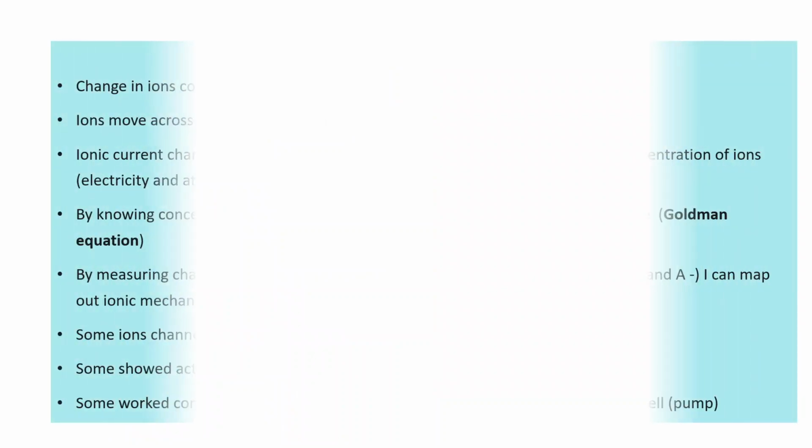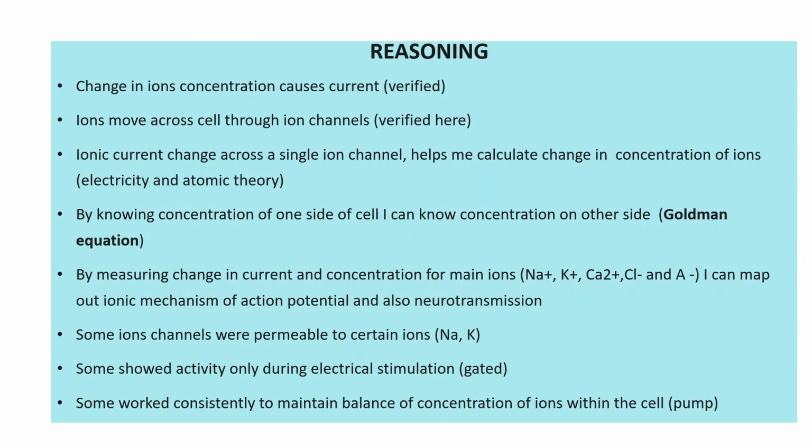So their reasoning was as follows: a change in ion concentration causes current because there is a change in potential across the cell, and we have verified that. Okay, cool. And ions move across the cell through ion channels. We know that from cell theory as well. So ionic currents change across a single ion channel, and they help me calculate the concentration of ions.